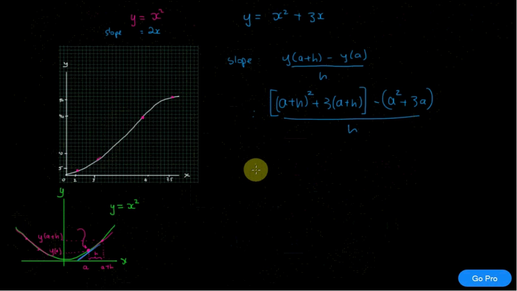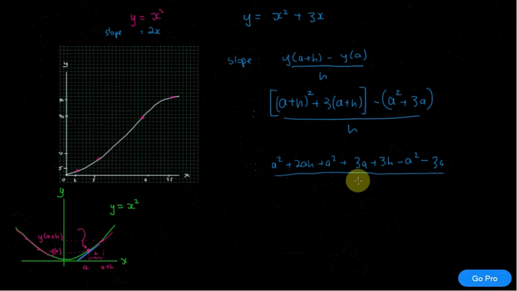Okay, so this then becomes a squared, as we had before, plus 2ah plus a squared plus 3a, I'm just multiplying this out, plus 3h, then I just multiply this out by this negative, minus a squared, and a plus times a minus, this gives me a minus 3a, all of that over h.